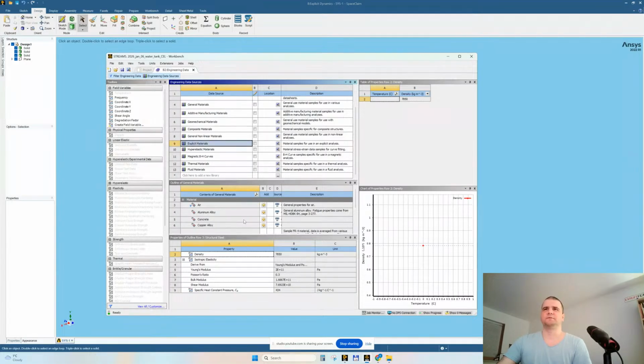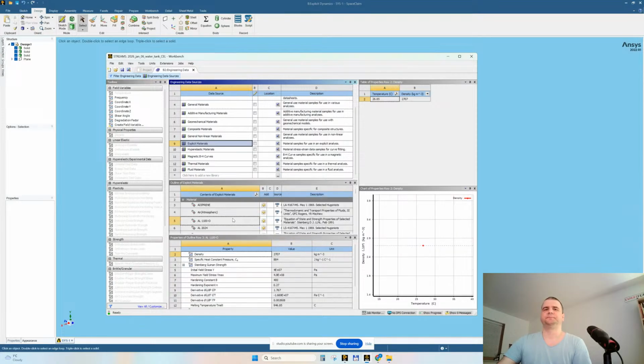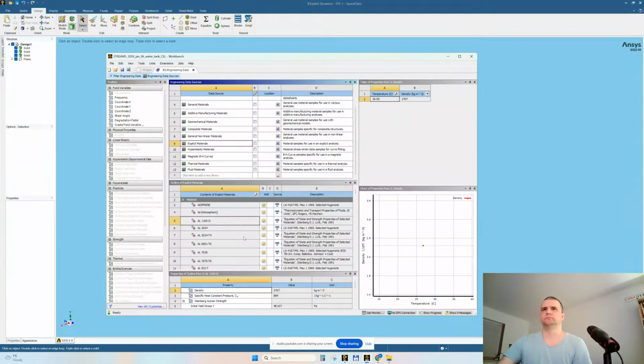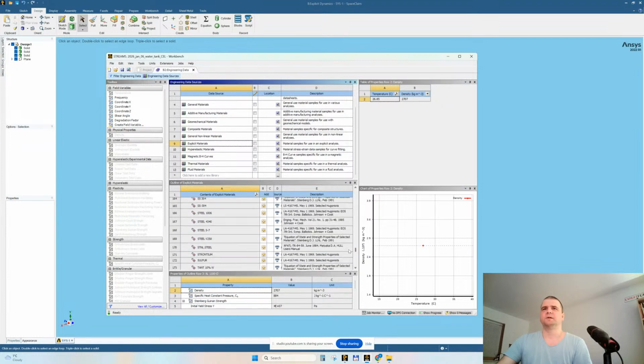In explicit materials, you find a very wide domain of numerous examples of materials. W is water.